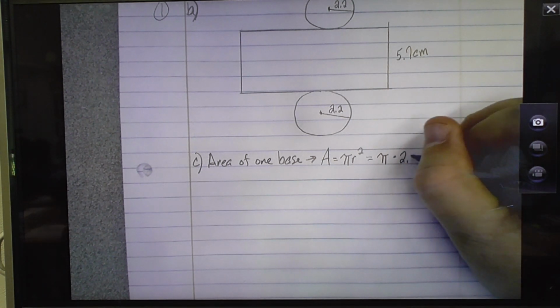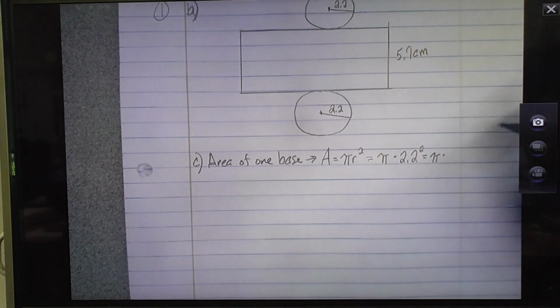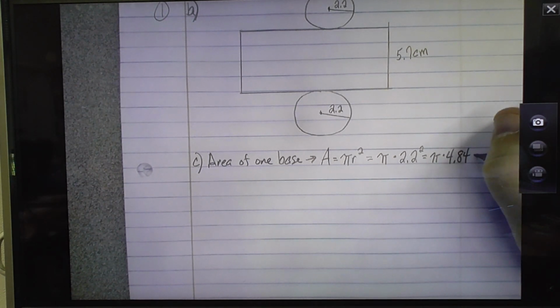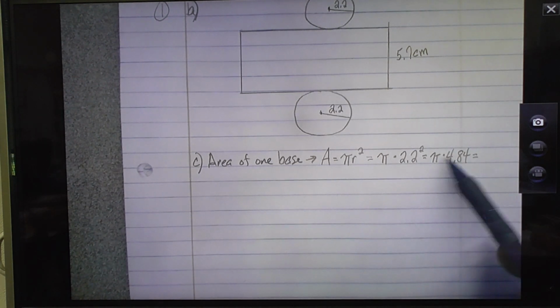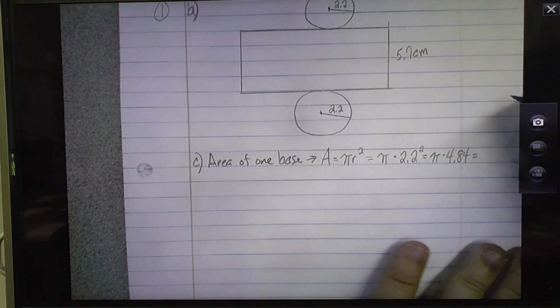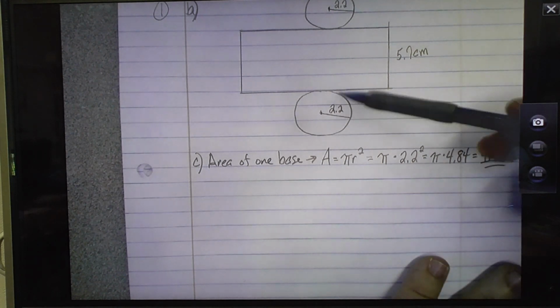So I'm going to do 2.2 squared, which is just like doing 2.2 times 2.2, right? So when you do that, you get 4.84. Now in algebra, am I going to leave this where it's pi times 4.84? What's a better way to write that in algebra? 4.84 pi. So that is the area of one of these bases.